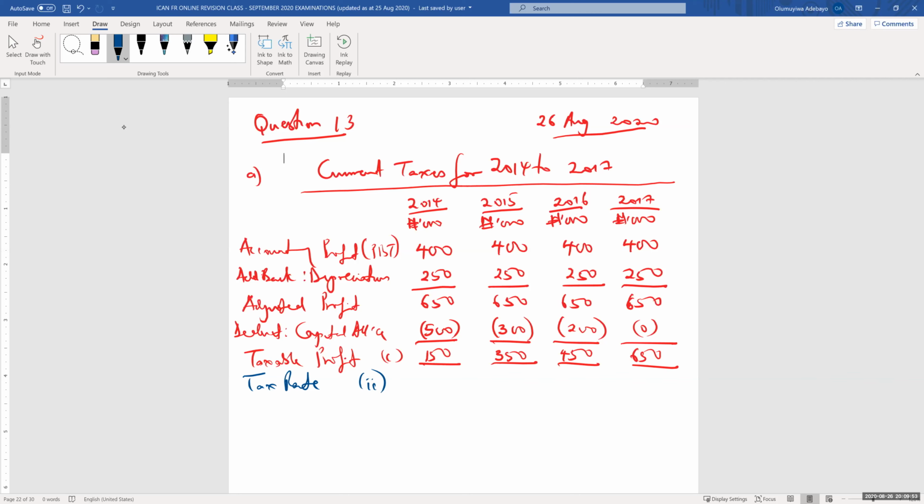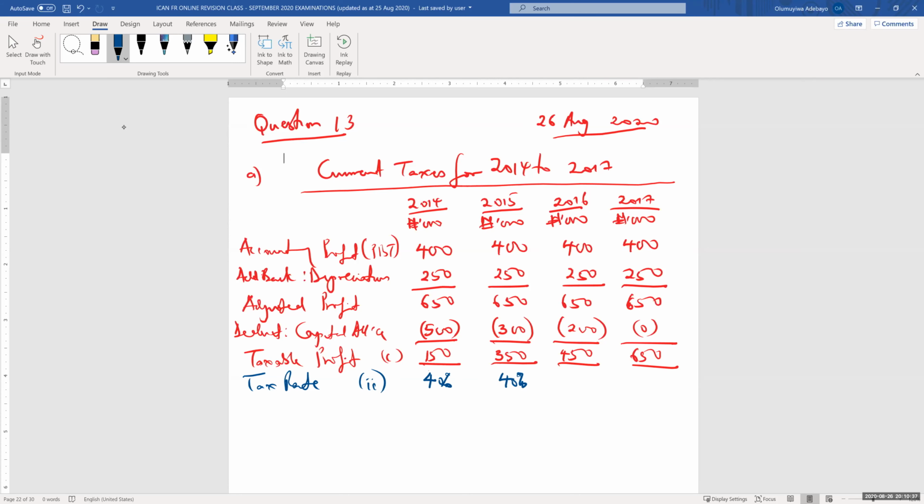The question then is, in 2014, what tax rate are we going to use? 40%, because as of 2014, nothing has changed. In 2015, what are we to use? Though the new tax rate was pronounced in 2015, it is to take effect from 2016. Therefore, for the actual tax we are going to pay in 2015, we are still going to make use of 40%. What matters is the effective date, not the pronouncement, for actual taxes.